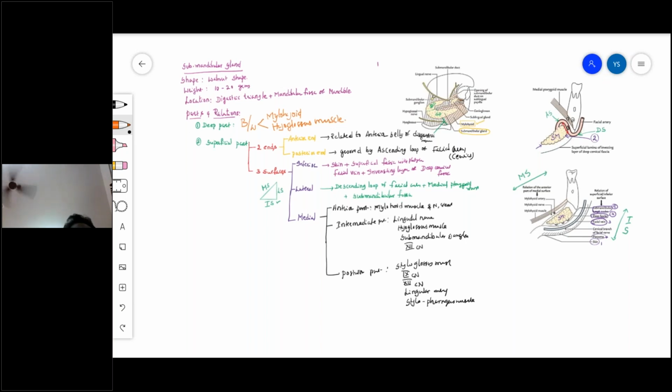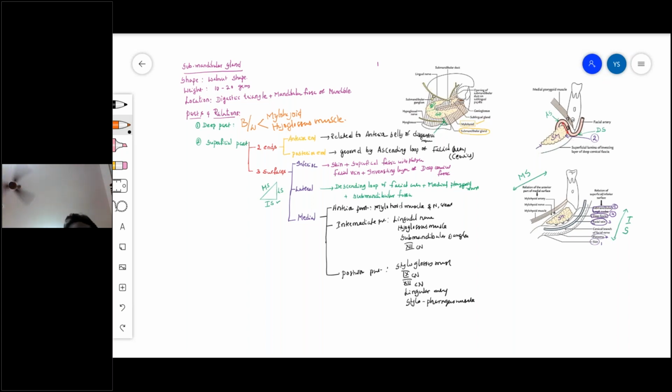So what we have seen till now about the submandibular gland: the shape, weight, location, it lies in the digastric triangle, the parts and the relations. The parts are the deep part and the superficial part. The deep part is present between the mylohyoid and hyoglossus muscle. The superficial part has 2 ends and 3 surfaces. Out of all these, I tell you important points regarding the relations.